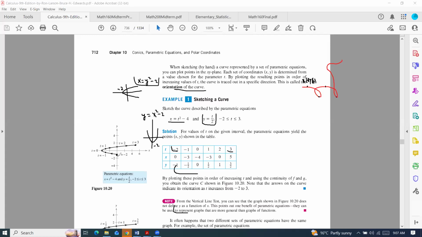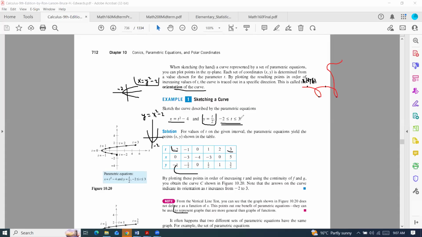When the parameter is -2, you're going to have this point, and you will not continue any further beyond the parameter value of 3. They just gave you this example. For whatever reason, maybe there is some physical meaning when time can only be between -2 and 3.